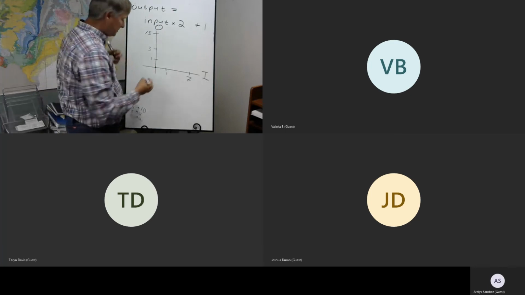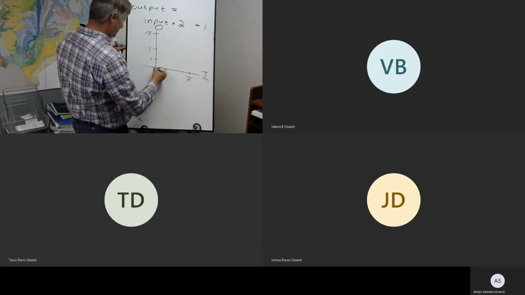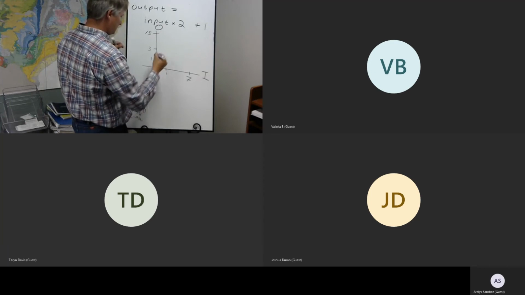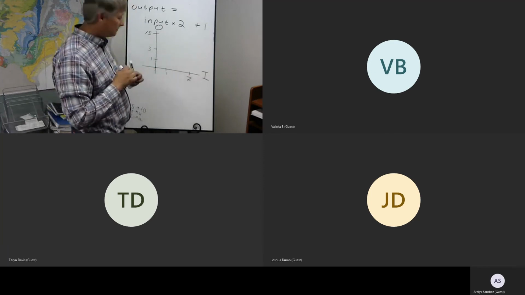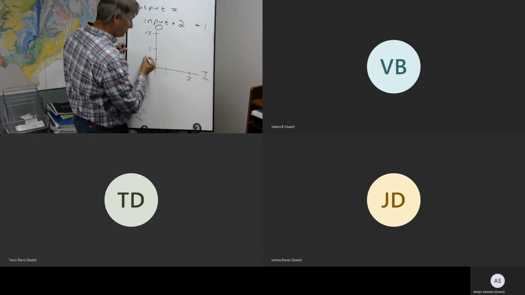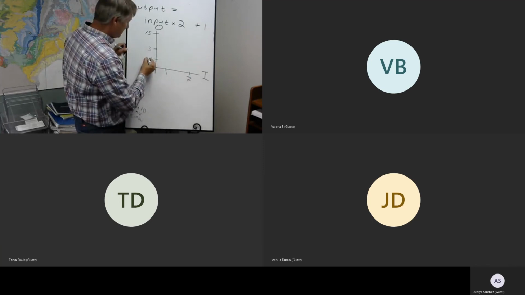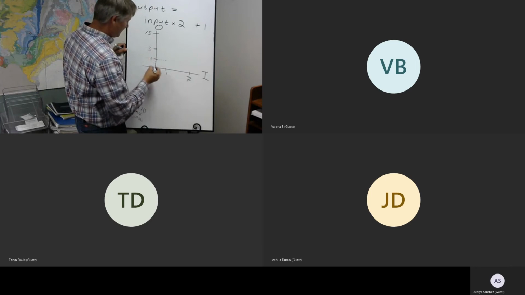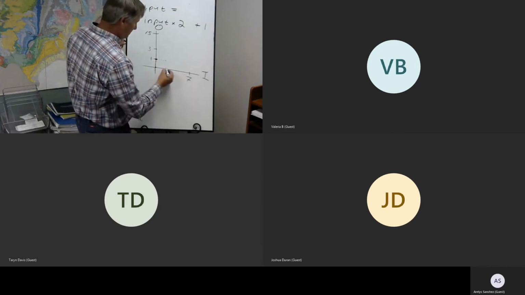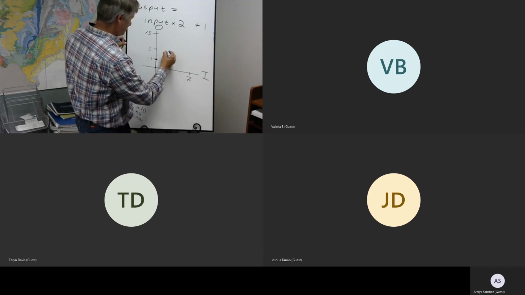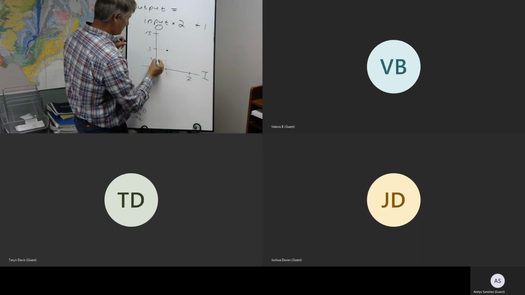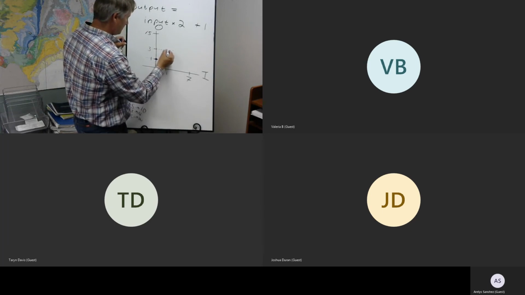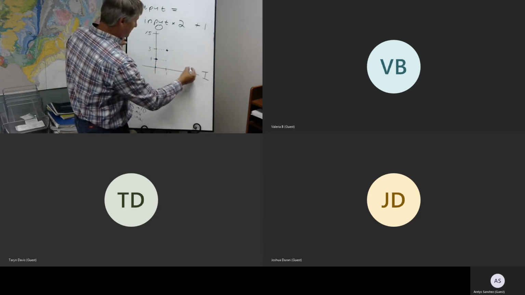So when I input 0, think of a vertical line here, 0. Inputs will be vertical lines along the horizontal axis. My output, which is always a horizontal line on this vertical axis, was 1, so I have a point here. Input of 1 and an output of 3. And then an input of 7.